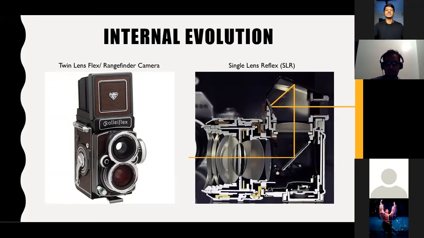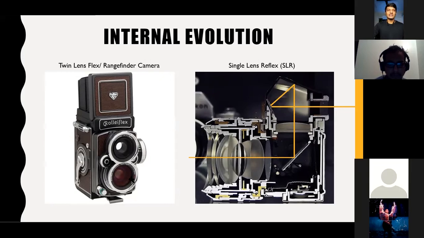Yeah, okay, thank you. So what these cameras did was they had two lenses in them. The top or the first lens would be the one through which the photographer would look, so that they can see what the camera is seeing. By looking through, they would get a very close perspective of what picture is being taken.